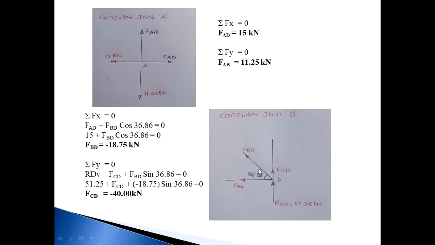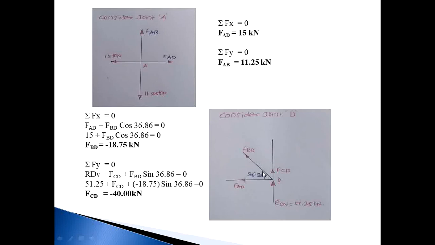The F cos theta going in a left direction, so FAD plus FBD cos 36.86. We know the value of FAD is equal to 15, so FBD value will be minus 18.75 kilonewton.